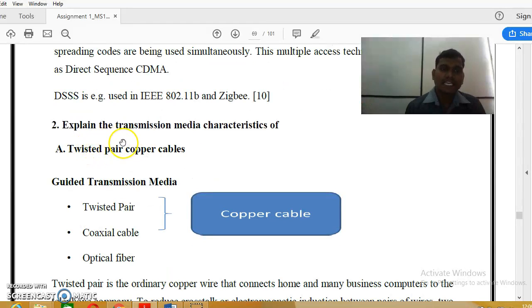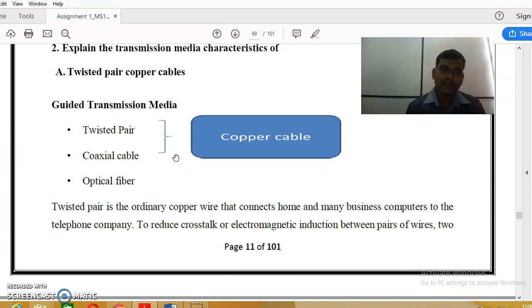The next one is: explain the transmission media characteristics of twisted pair cables. We can divide transmission media into mainly two parts: guided transmission media and unguided transmission media. Guided transmission media means wired media.